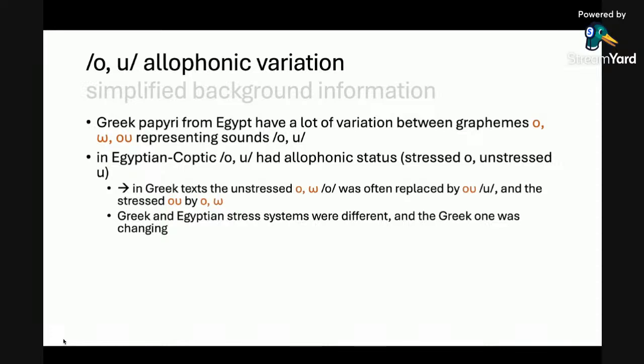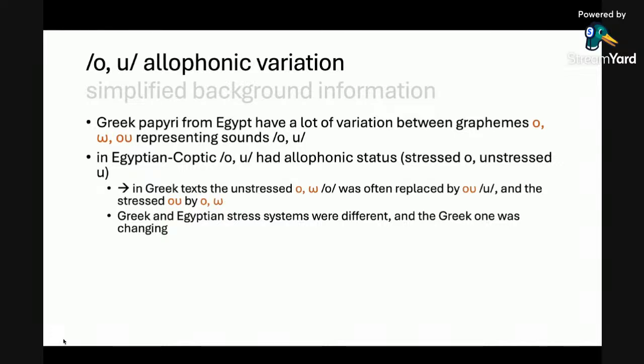So in Greek text, the unstressed O was often replaced by the sound U, written by omicron ypsilon. And then the stressed U was replaced often with O. Basically, the Egyptian Coptic stress system is perhaps behind this. Greek and Egyptian stress systems were different.